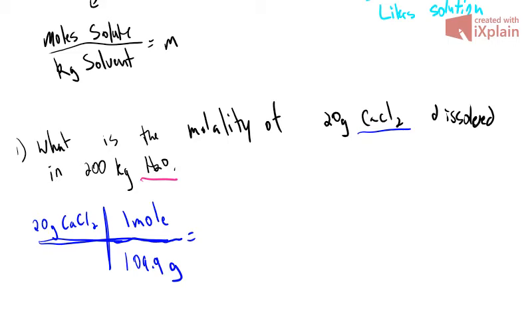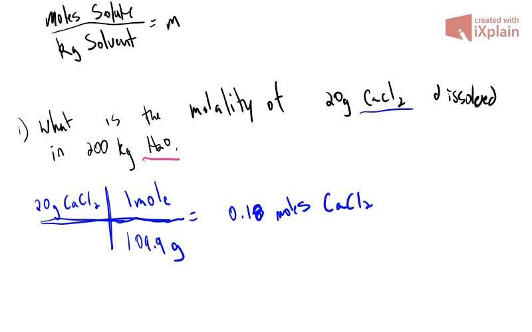So 20 times 1 is 20, and 20 divided by 109.9 is 0.182. With sig figs it's going to be 0.18. Actually, it's going to be 0.2, but that's okay, we'll leave it there. And that is moles of calcium chloride.